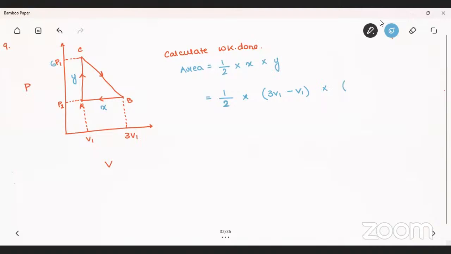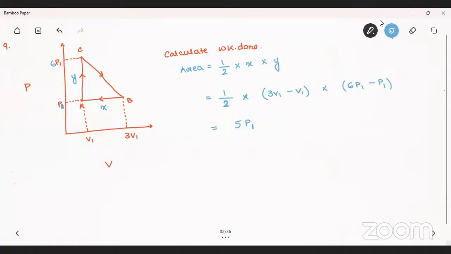Yes, it is 6, okay. And this is also P1. What is coming? This and this will cancel out. So 5P1. Right?